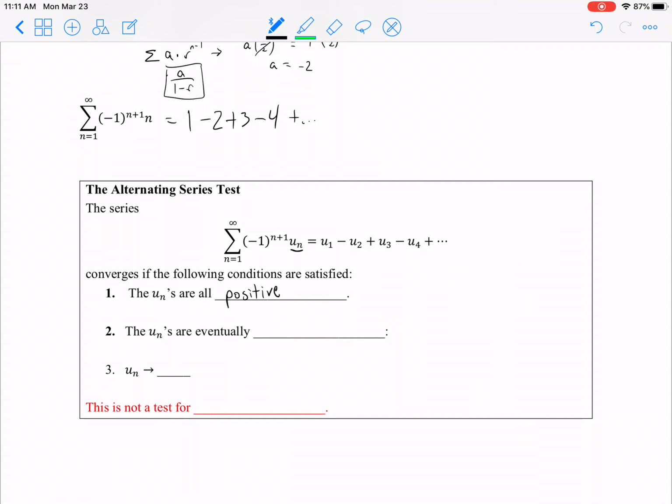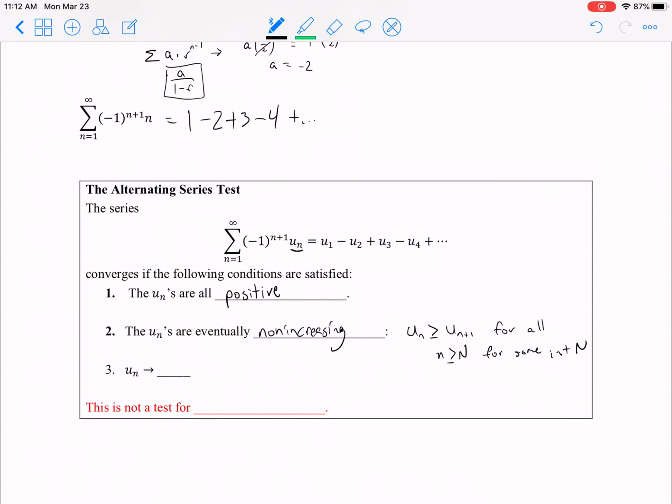The u_n's are eventually non-increasing. So basically, u_n is greater than or equal to u_{n+1} for all n's that are greater than or equal to some integer N. So at some point, the next values stop being greater than the previous one.